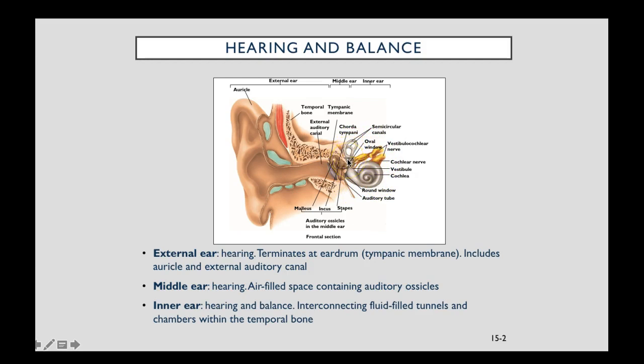It is composed of interconnecting fluid-filled tunnels and chambers within our temporal bone. Major structures will be our cochlea, which is the snail shell over here, the vestibule, and our semicircular canals. You may also recognize our old friend cranial nerve number 8, which is our vestibulocochlear nerve.